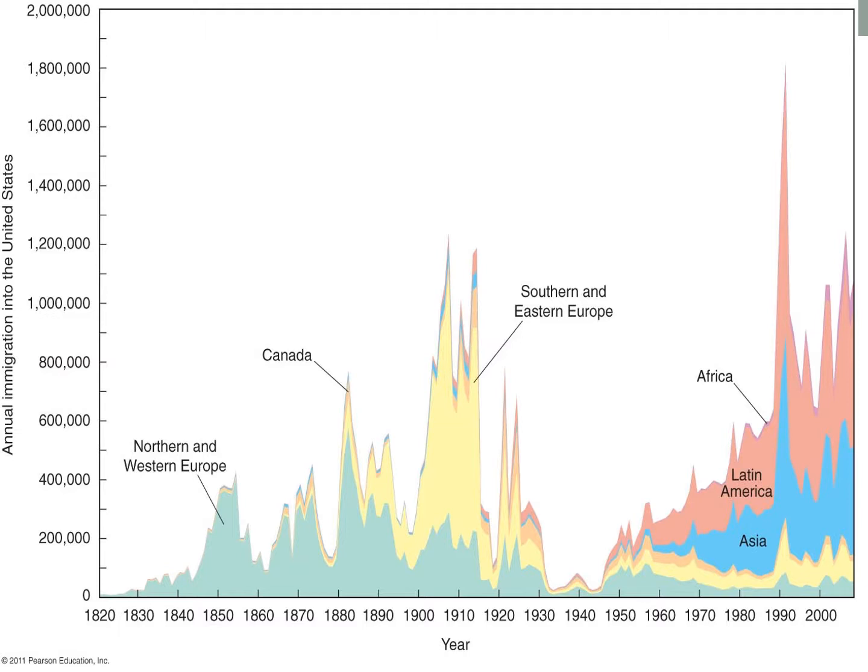It's a layered graph, so each layer kind of stacks on top of one another. The green at the bottom, and then you can see the yellow, orange, blue, red, purple, stacked on top of one another.